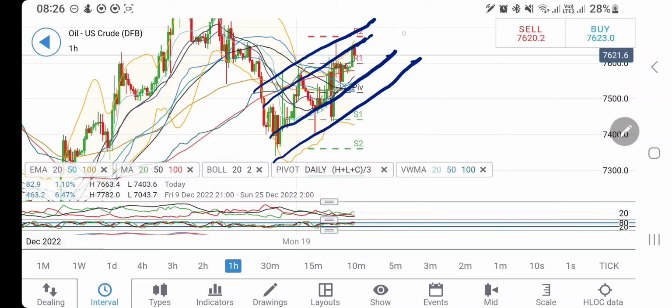Now very clearly on the upside you will find 78, which I told you yesterday also. The 78-77 zone is a very good resistance. On the downside, 75 and 74.5 levels are definitely very good support levels.